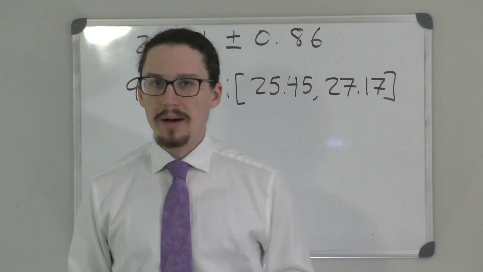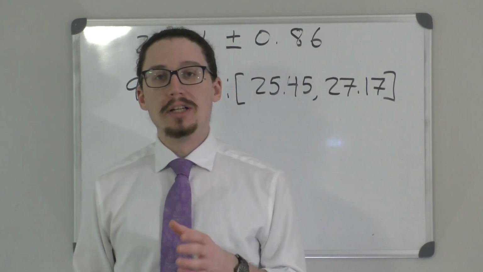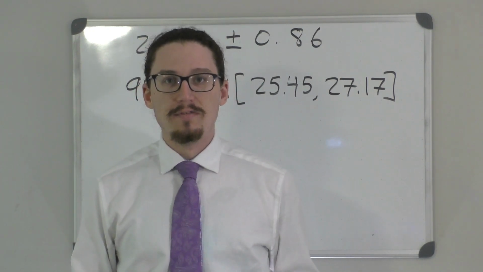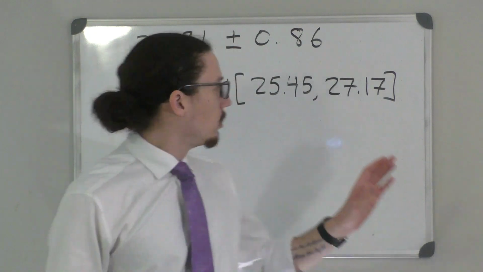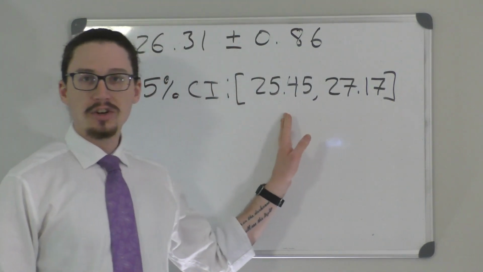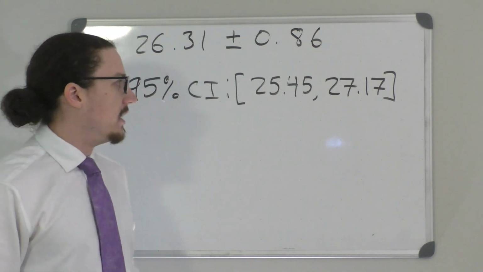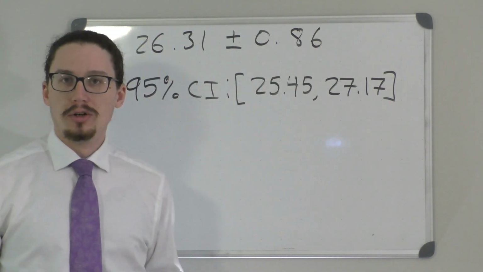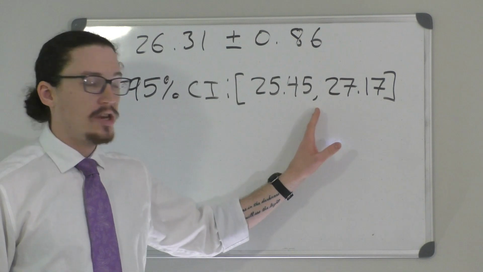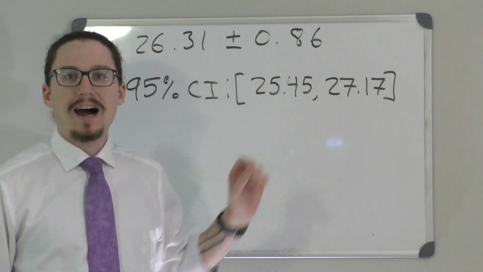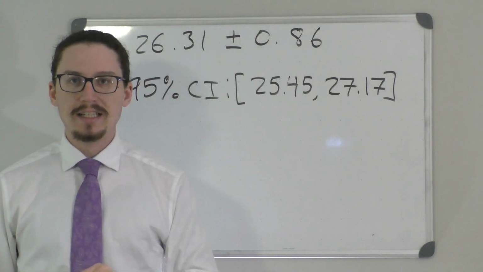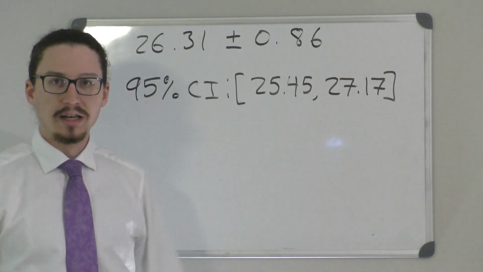Although we don't know the population mean is a specific value, once we've actually got this interval estimate, that saying is no longer true, because even though we don't know what the population mean is, it either is or is not in this interval.